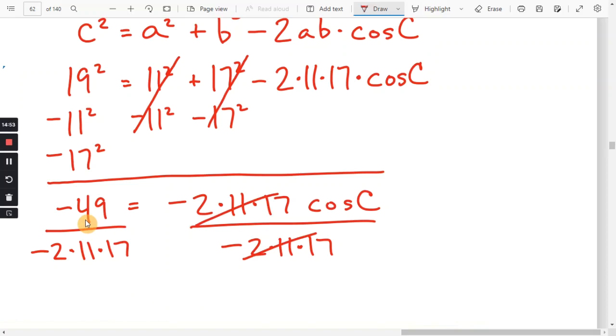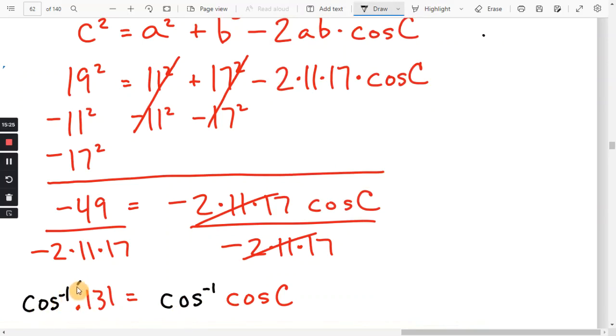Hit equals. All right, I get a big decimal. So I'm going to round it off for now, but I actually kept the decimal in the calculator because I want the answer to be as accurate as possible. Now, finally, since we're solving for C, the way to get rid of cosine, which we've done before, is to apply the inverse cosine to both sides.